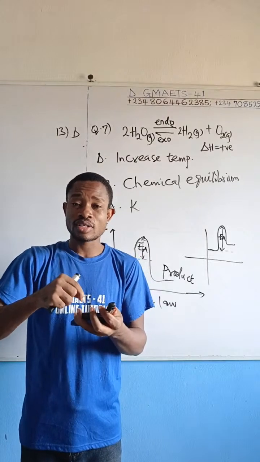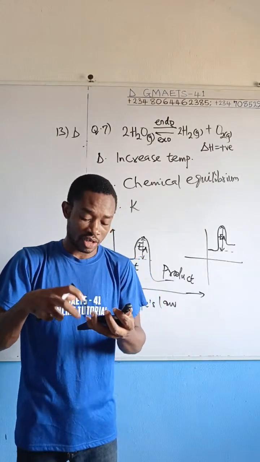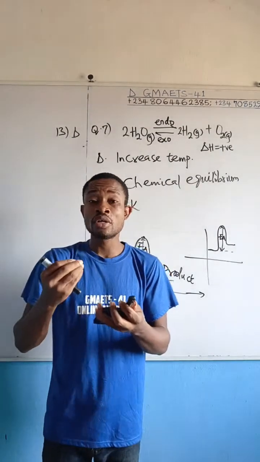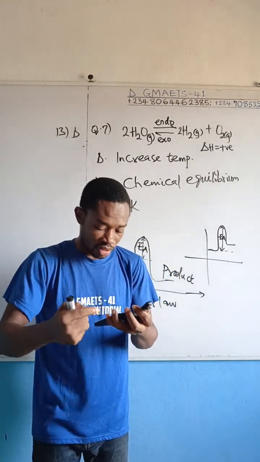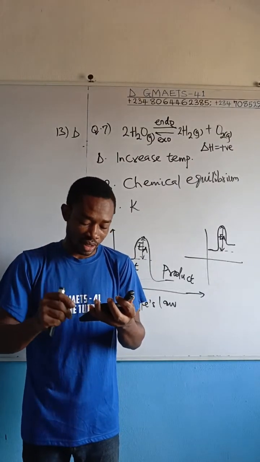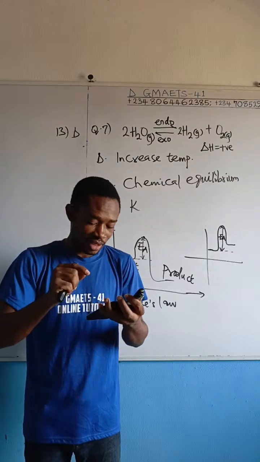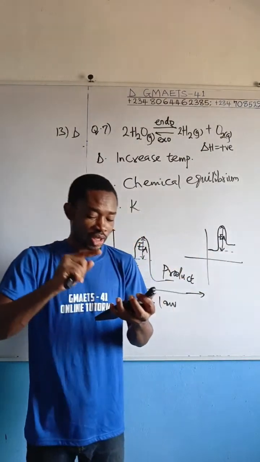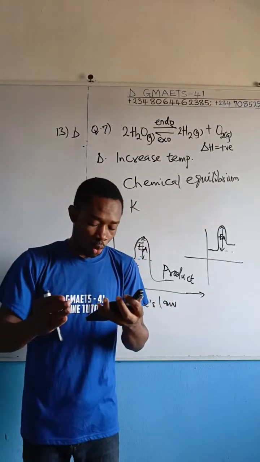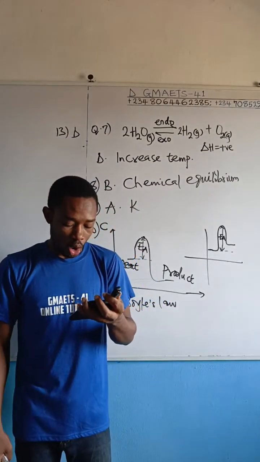But for the ones that our students posted here, we're on the 14th question, which is the last one. Question number 14 reads: the rate of the forward reaction in the equilibrium state is, I repeat, the rate of the forward reaction in the equilibrium state is A, equal to the rate of backward reaction.